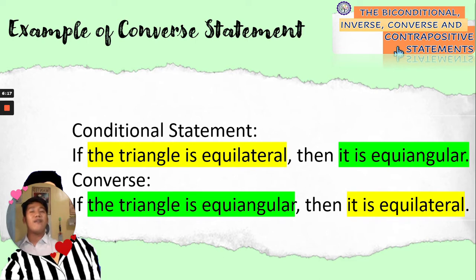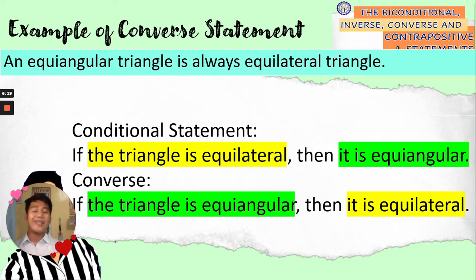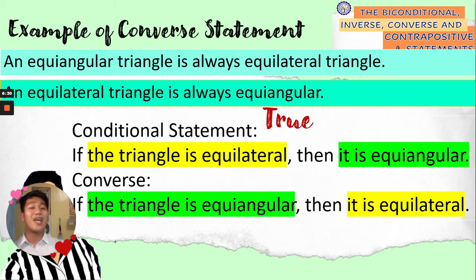Given the definition that an equilateral triangle is always equiangular, we can say that this conditional statement is true. And by another definition, an equiangular triangle is always equilateral, so the converse statement, if the triangle is equiangular, then it is equilateral, is also true.